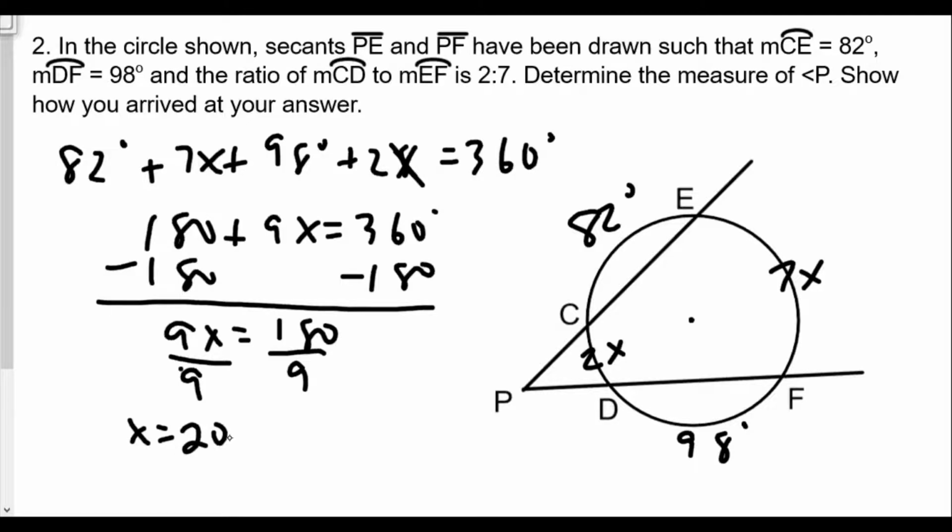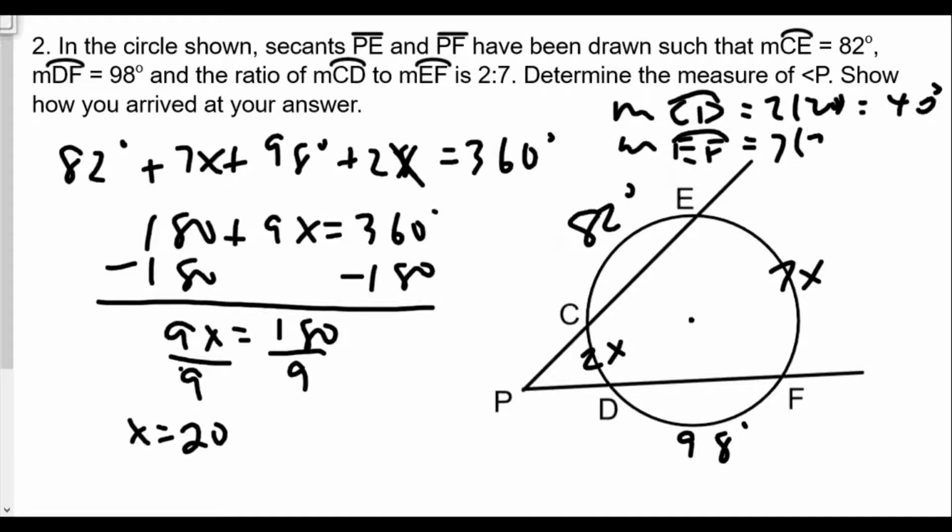That means the measure of arc CD is equal to 2 times 20, or 40 degrees. And the measure of arc EF equals 7 times 20, or 140 degrees.